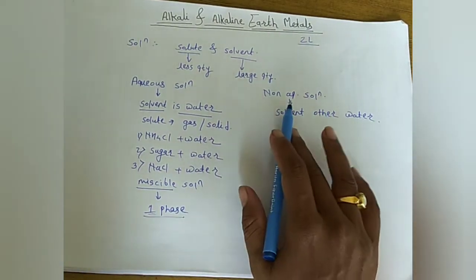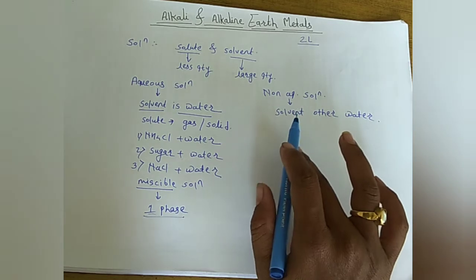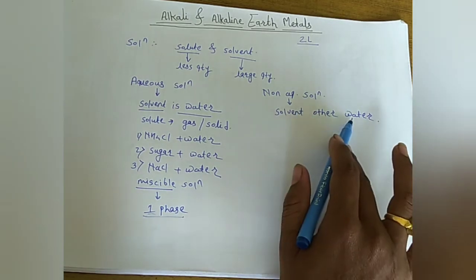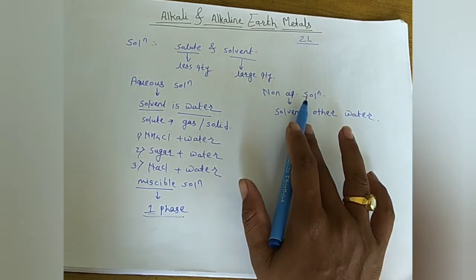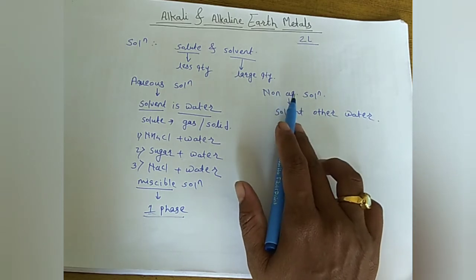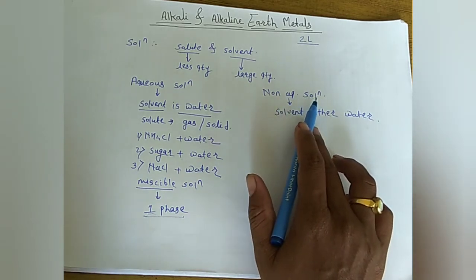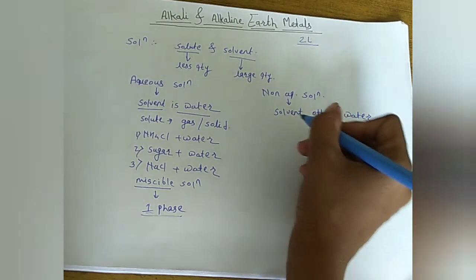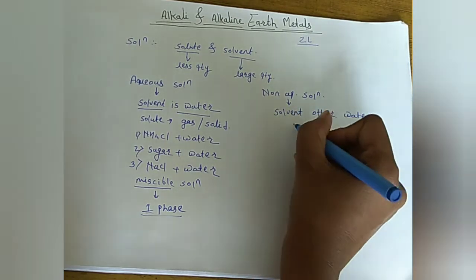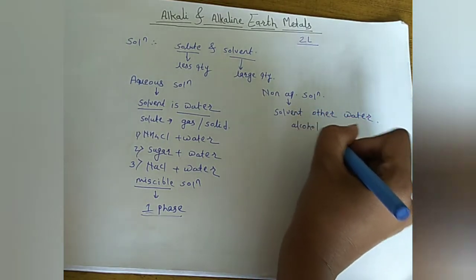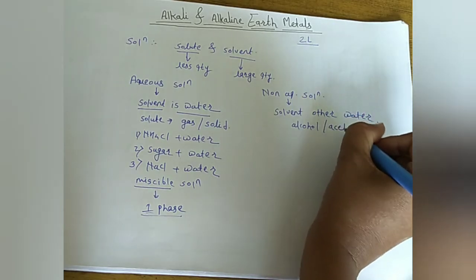Next is non-aqueous solution. As I told you, solvent other than water when used for the preparation of a solution is called the non-aqueous solution. Here in most cases the solvent used is alcohol or acetone.